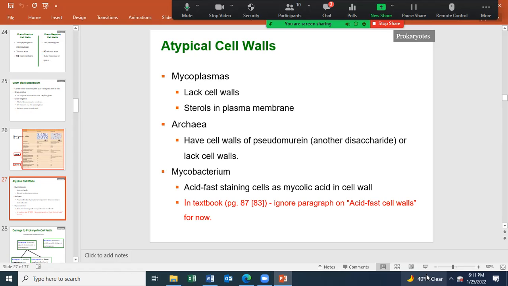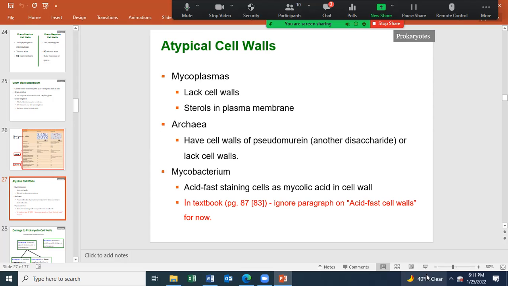The mycobacterium are another family of bacteria, and their cell wall is a little different. They have a lot of lipid in their cell wall, and the lipid is called mycolic acid.